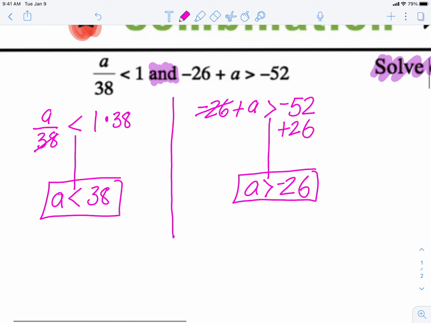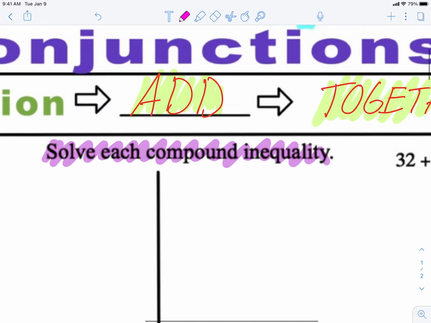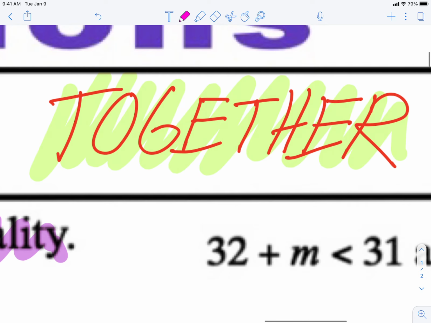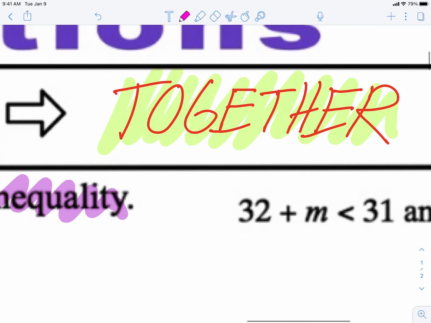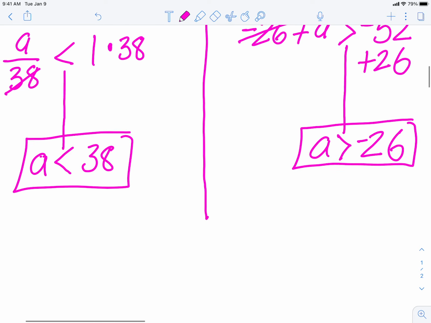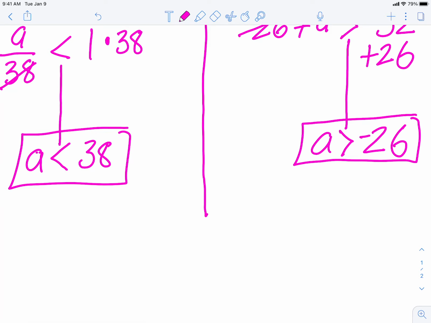So what I want to do now, everybody, is I want to write this answer together. See? Here's this word again coming up. Together, right? I want to write it together. So let's write it together. So what I'm going to do here is I'm going to look at both of my answers here, 38 and negative 26, and I'm going to say, which one is bigger?